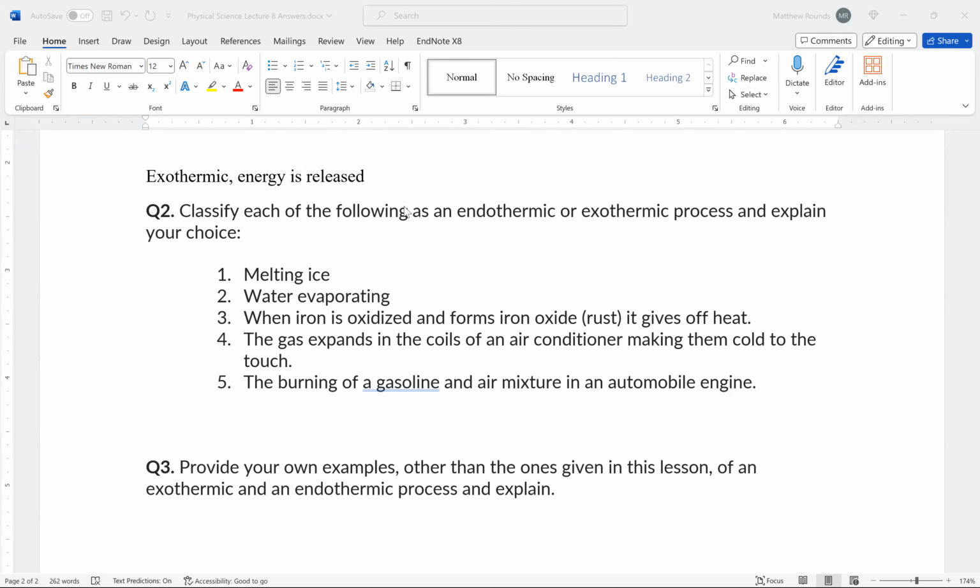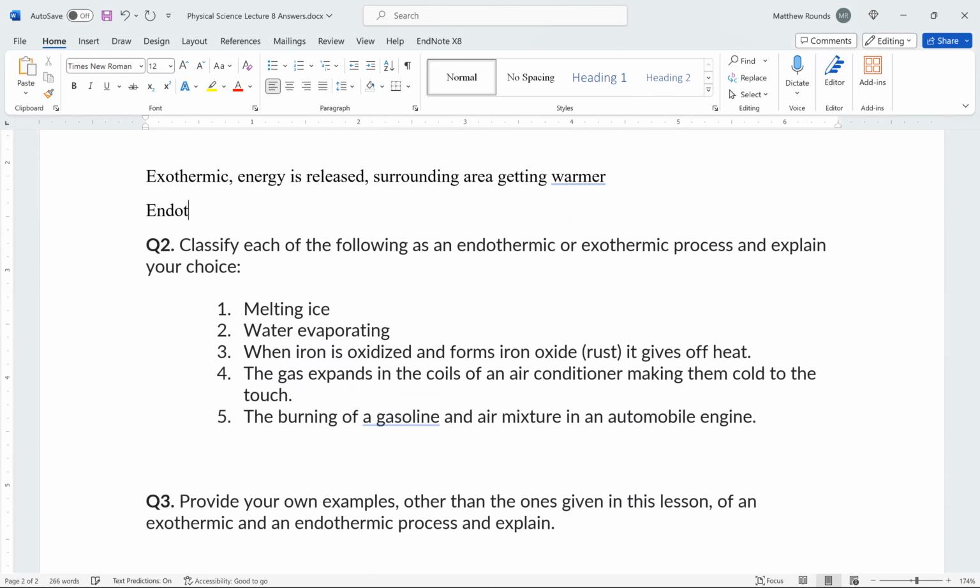So you can think of the surrounding area getting warmer. Endothermic is the opposite. Energy is absorbed. Okay, so the surrounding area gets cooler.